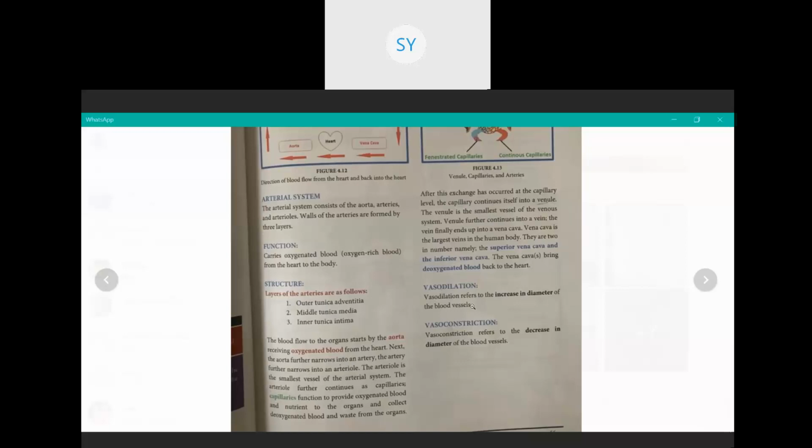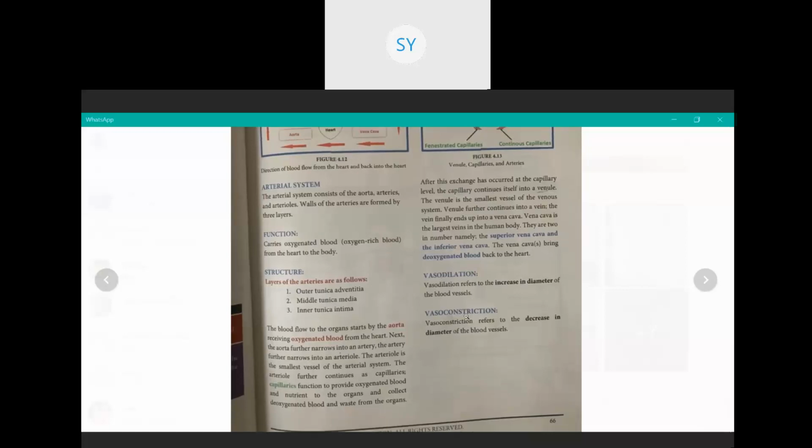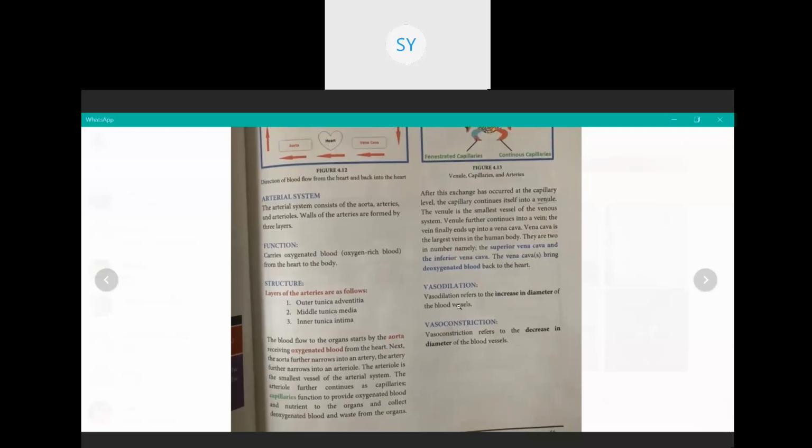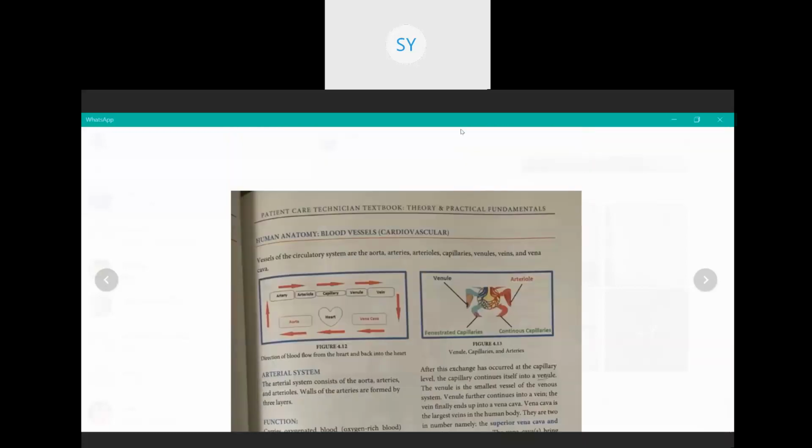That means there is more blood supply. And constriction means decreased diameter of blood vessels. Keep that in mind. These two terms: vasodilation means dilation, vasoconstriction means constriction, decreased diameter versus increased diameter. So these are the two terms.